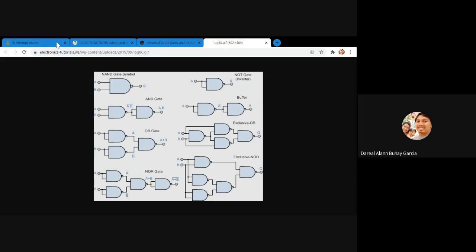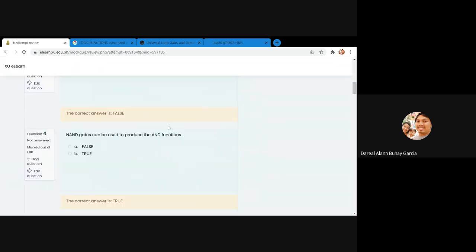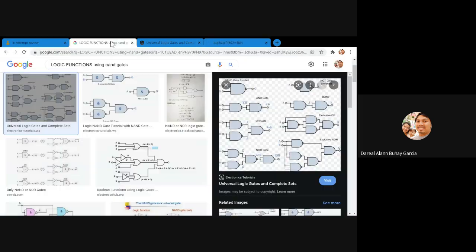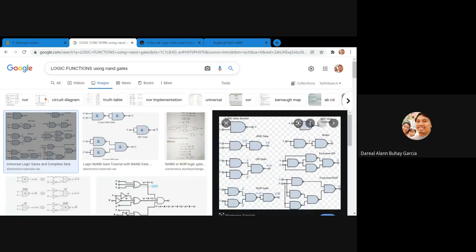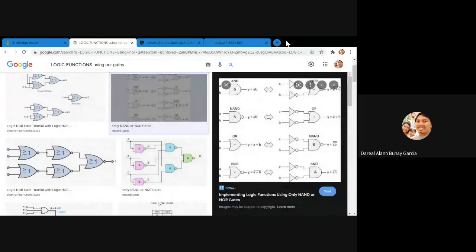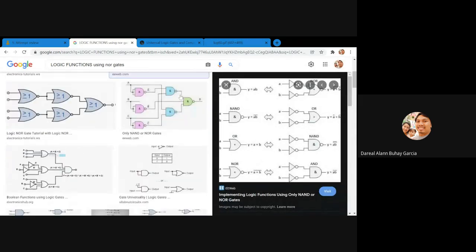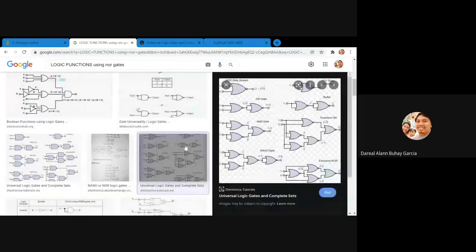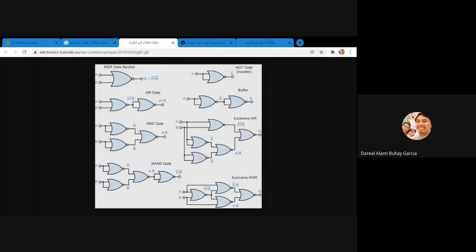In that respect. So, true. Pati NOR gate, no? Universal pa ng NOR gate. Kaya sa ni NOR gate magbuhat of all logic functions.